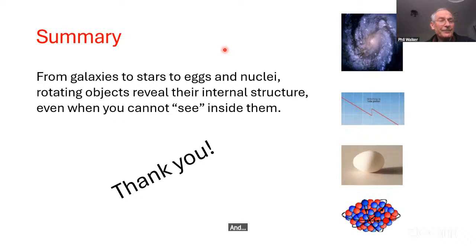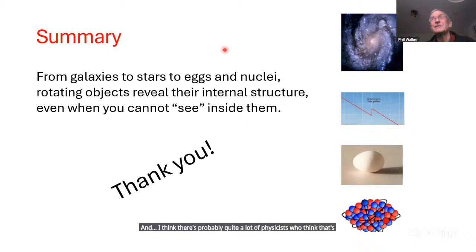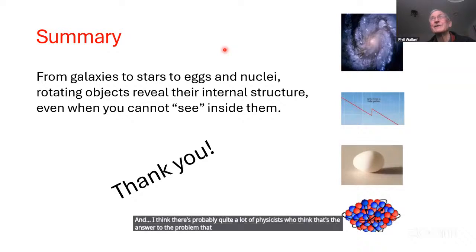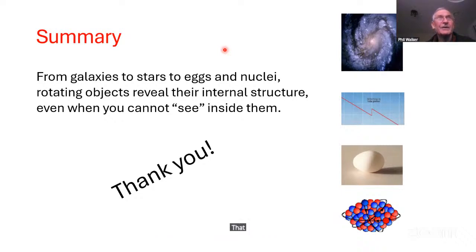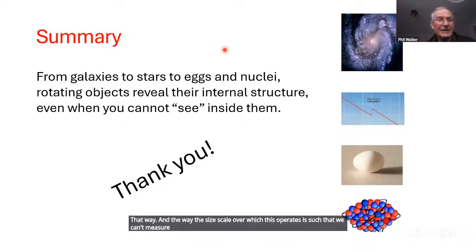I think there's probably quite a lot of physicists who think that's the answer to the problem, that you don't have to invent dark matter. You can explain the data that way, and the size scale over which this operates is such that we can't measure it directly on the Earth.